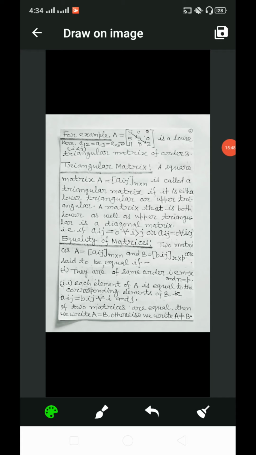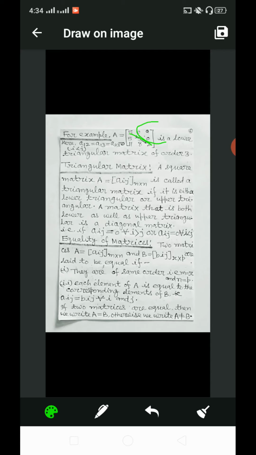For example, a square matrix A equal to 5, 0, 0, 5, 9, 0, 11, 8, 2. These are the elements of this square matrix A. Here the principal diagonal elements are 5, 9, 2, and above the principal diagonal we see that all the elements are 0. So this is called a lower triangular matrix.